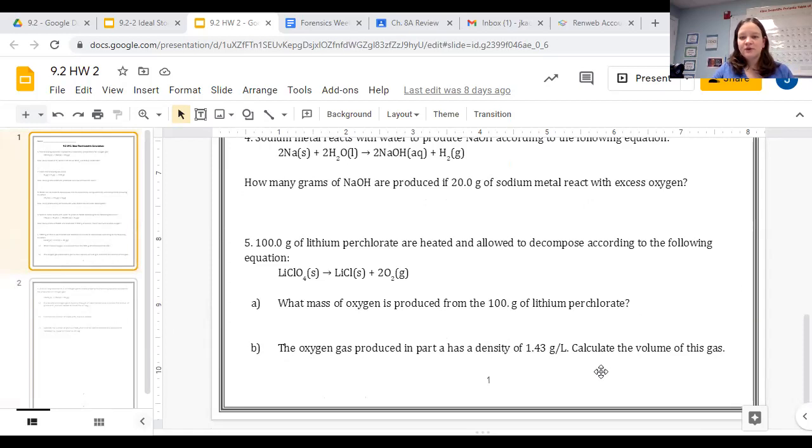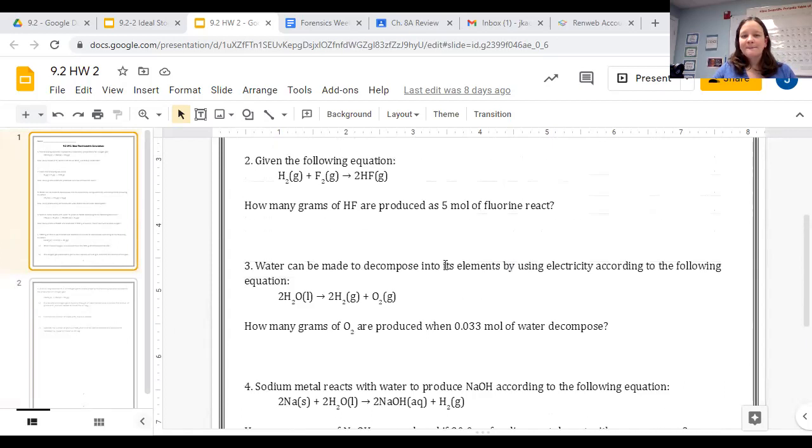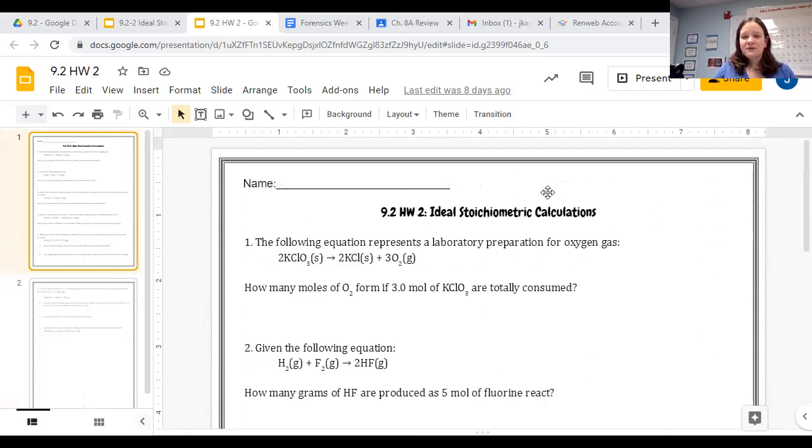Density is mass divided by volume to find the volume. So you have to rearrange that one. That's a little bit of a challenge, but I think you can do it. All right. So again, let me know if you have any questions. Hopefully you don't. Hopefully, maybe just by watching this video again or watching one of the other videos that I put up on Classroom, you can manage to get through this.